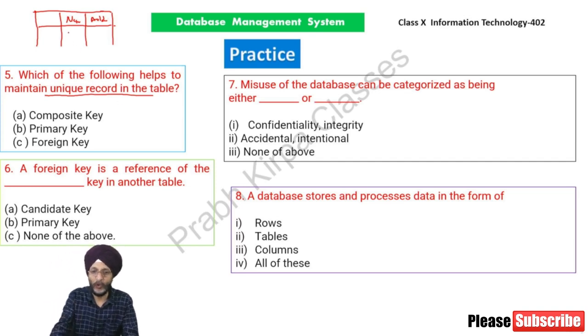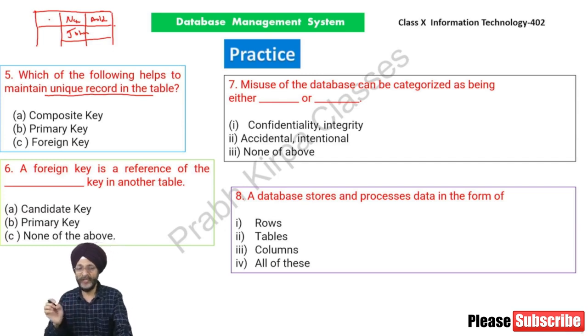Suppose John. There may be many students having the name John. So it becomes necessary for the school to allot a particular value to each student, that is the registration number or student ID, so that each student can be easily recognized as different from another.